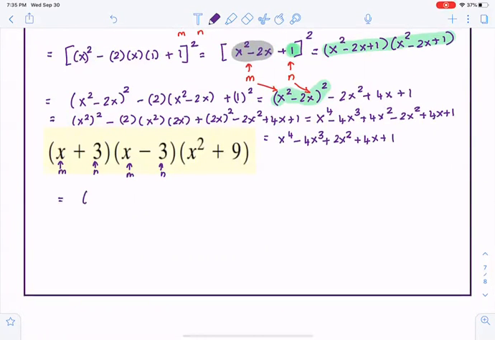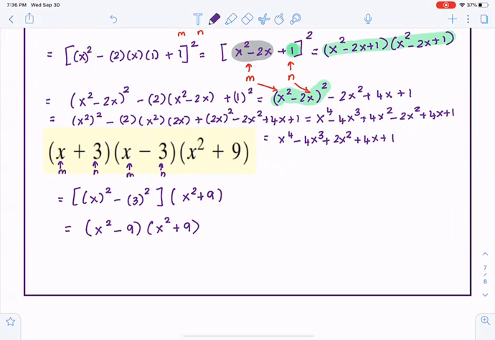So m is x, so x squared, minus n is 3. We have 3 squared, but don't forget that we have another term out here that is x squared plus 9. So we end up having x squared minus 9 multiplied by x squared plus 9.